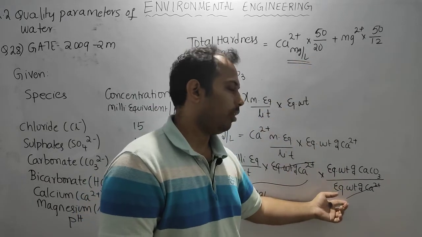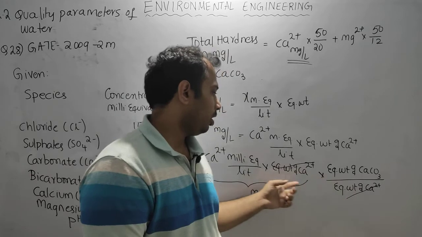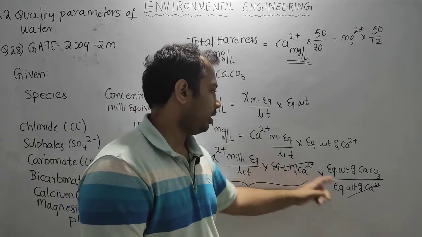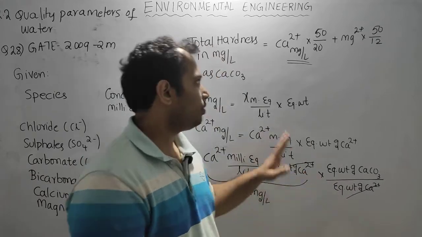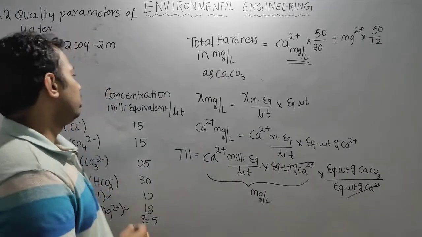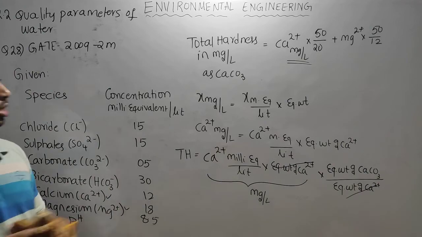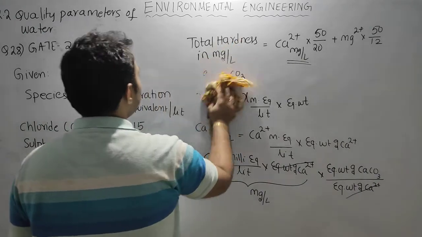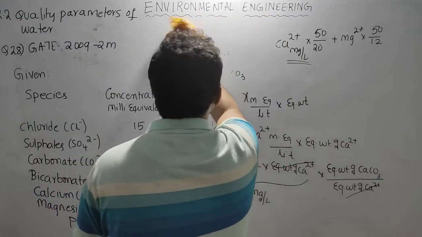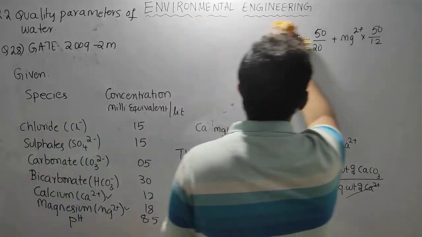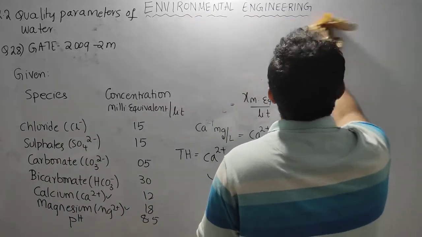So here we take equivalent weight of X, and here also we are taking equivalent weight of X and X gets cancelled. So that is why when the concentration is given in milli equivalent, the calculation will be much simpler.